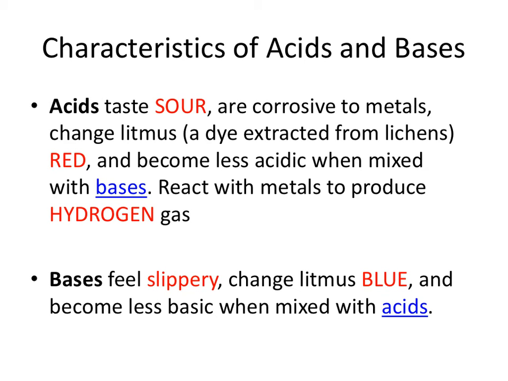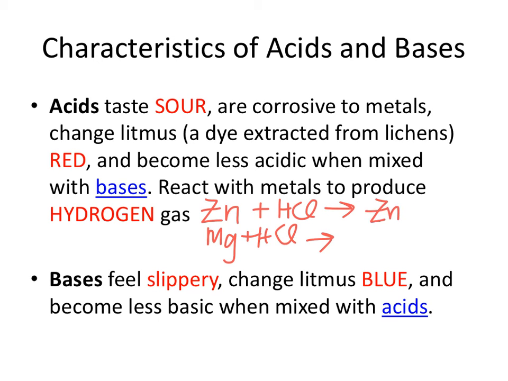They become less acidic when mixed with bases, so you might know that that's a neutralization reaction when an acid and base mix. And they react with metals to produce hydrogen gas. And we've seen this already. We've reacted zinc with HCl, and we've reacted magnesium with HCl, and we've had these reactions where we've had zinc chloride and hydrogen gas.